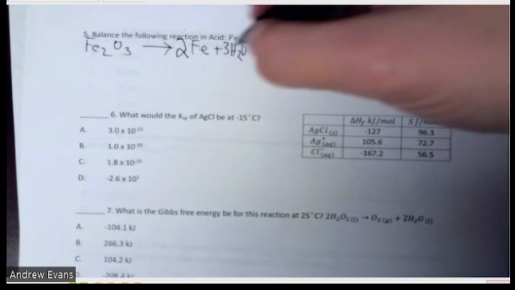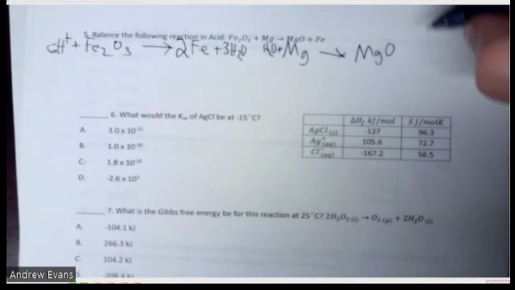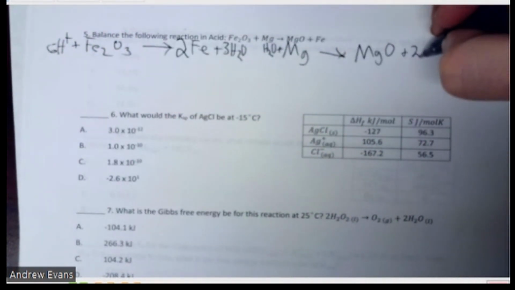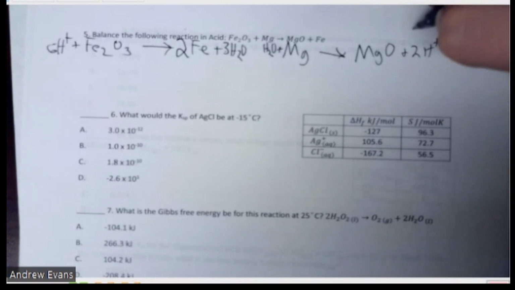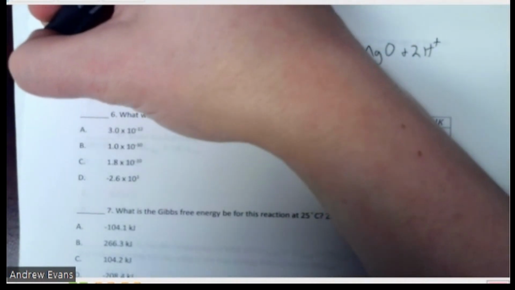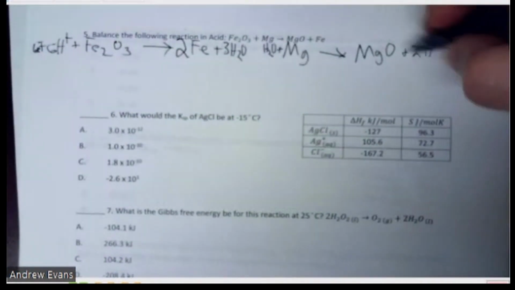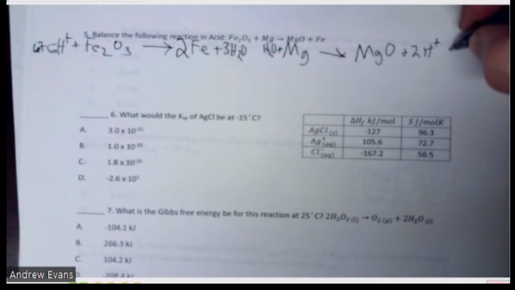Step 4, balance the hydrogens. 3 times 2 is 6, so we need 6H plus. 2 times 1 is 2, we have 2H plus. Balance the charge. 6 plus 0, need 6 electrons over there. 2 plus 0, you need 2 electrons right here.